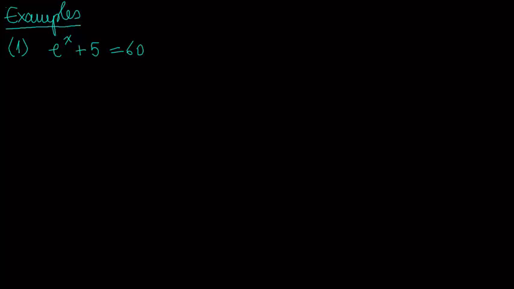So for example, if I have e to the x plus 5 equals 60, bringing the 5 to the right hand side will turn this equation into e to the x equals 55. And now this is a classic scenario of an equation I should be familiar with. Namely, I need to apply log on both sides of the equation so that I can free that x up. So I'm going to apply log, namely base e.